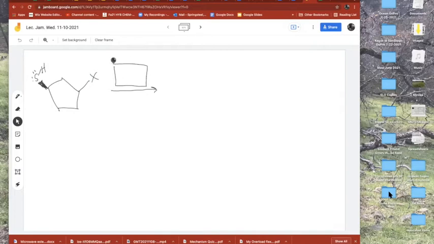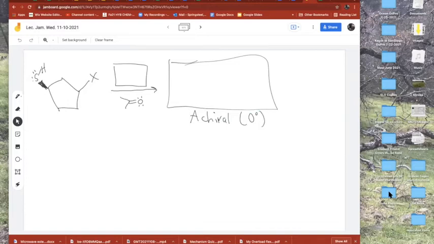I'll say my solvent is like acetone. And my product is, I'm giving away too much. We're going to leave that blank and we're going to say it's achiral. 0 degrees rotation. Okay, I also have to do, let's go like potassium and chloride.